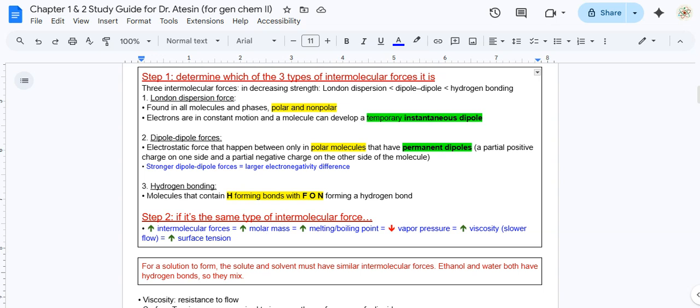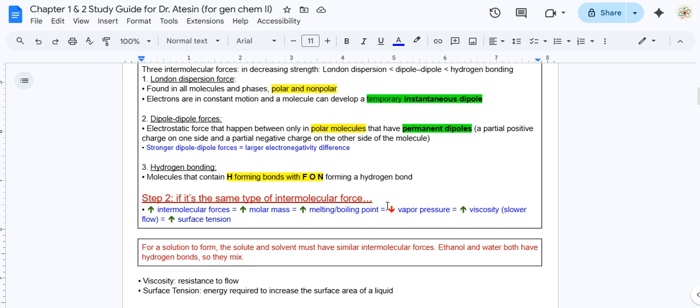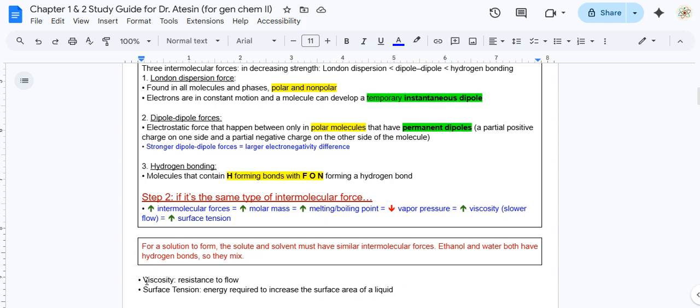And let's say in another question, there's water and honey, for example. Honey has, of course, a higher viscosity because it flows slower. So honey also has a higher surface tension than water, and the intermolecular forces in honey are stronger than water. And just some definitions, you probably know this, but viscosity is the resistance to flow.